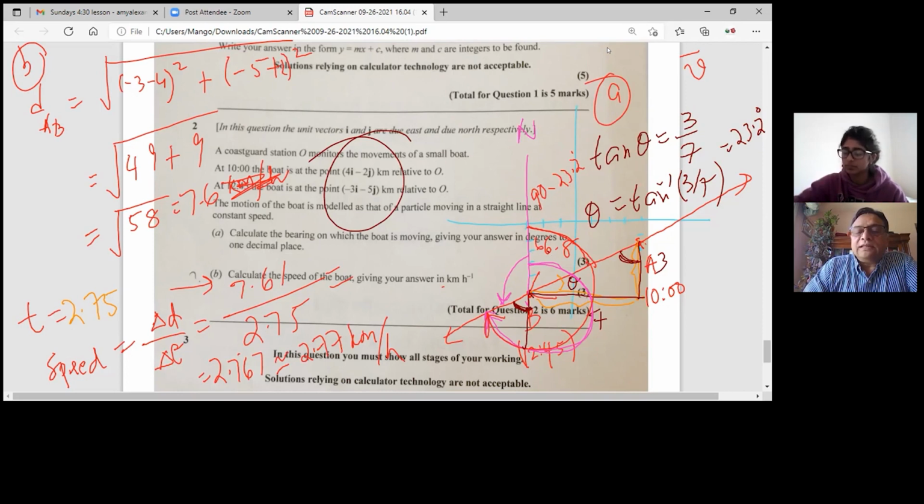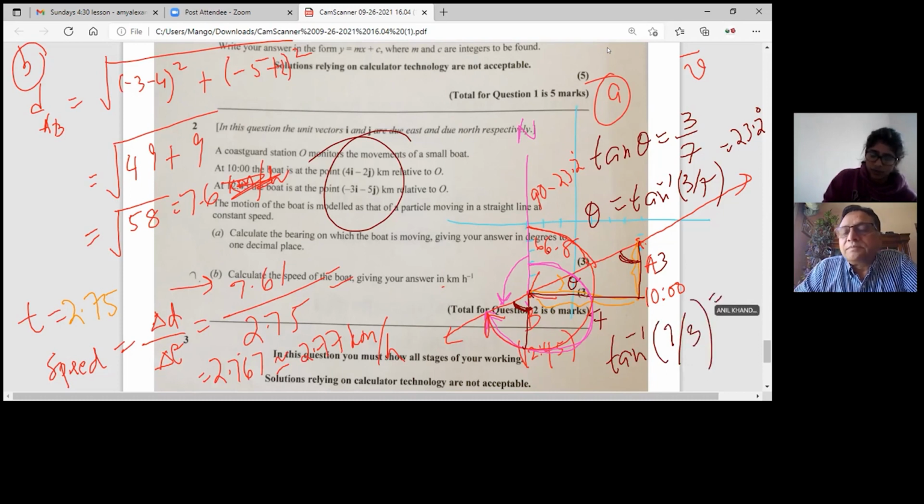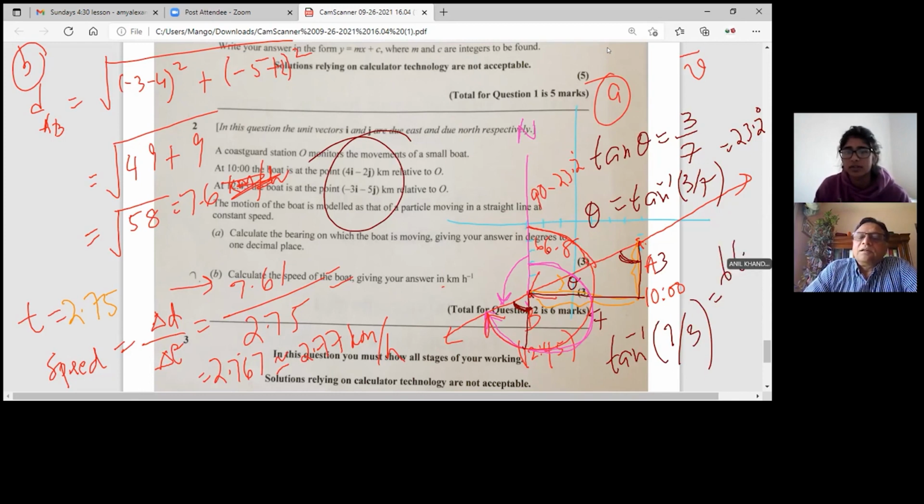So find this, do tan inverse of 7 over 3. 66.8. Add 180. 246.8. So which method you found simpler? This simpler, right? Yeah. Correct.